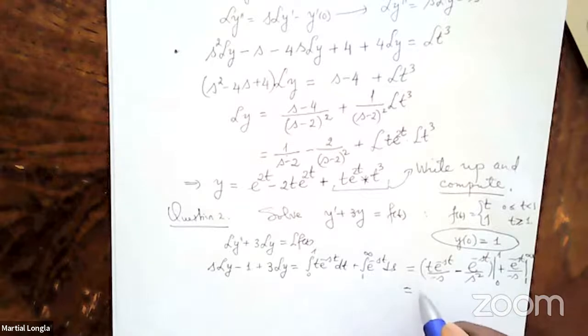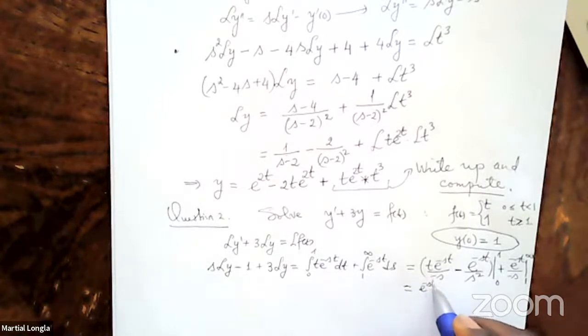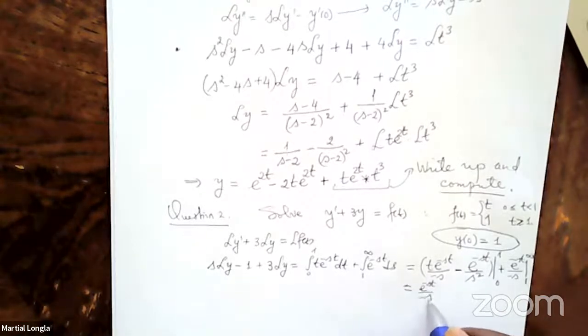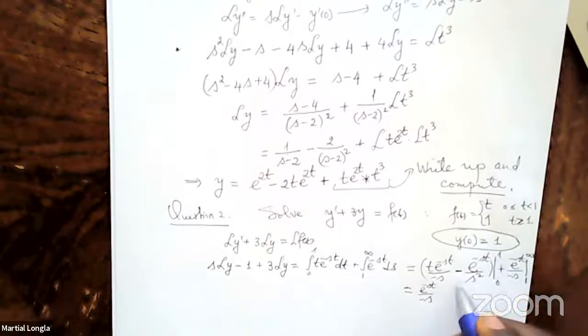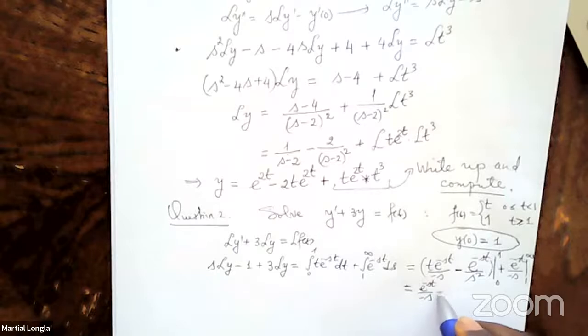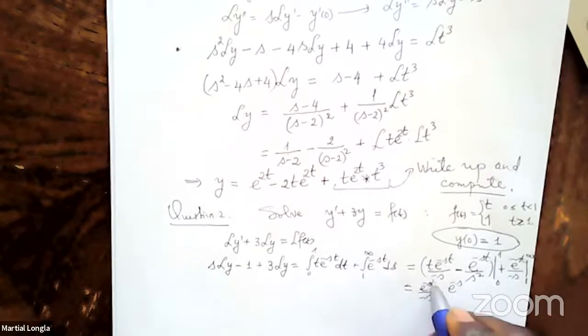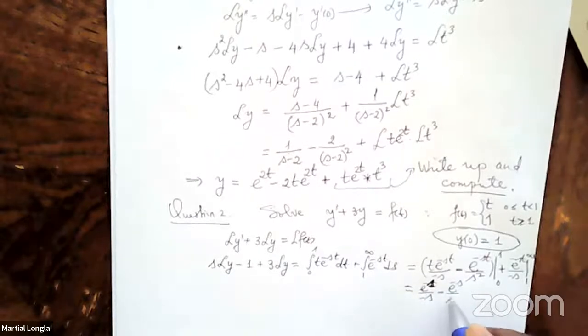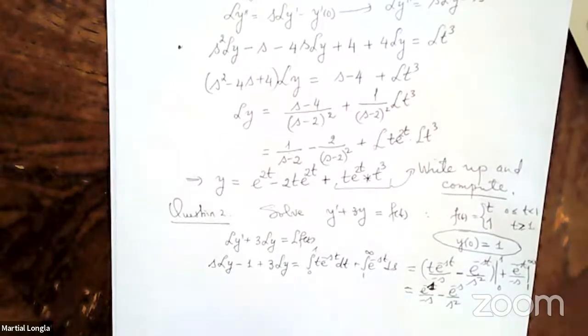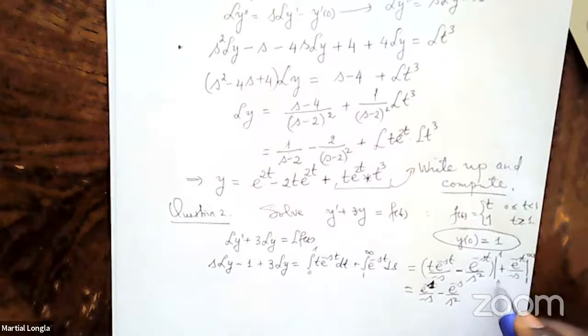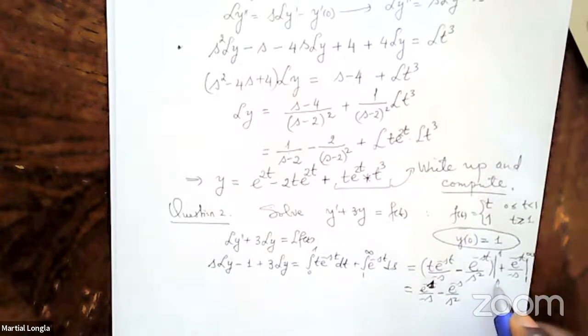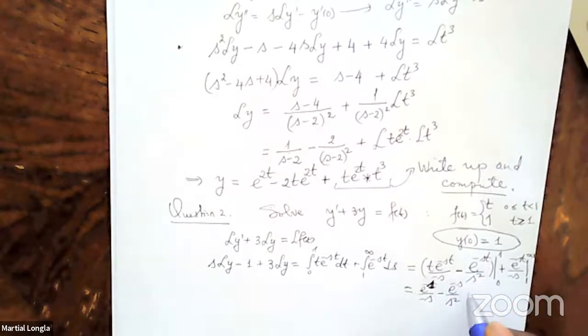You get e to the negative st over negative s, minus e to negative s over s squared. And then you plug in 0, you get 0. Plug in 0 here, you get 1 over s squared.